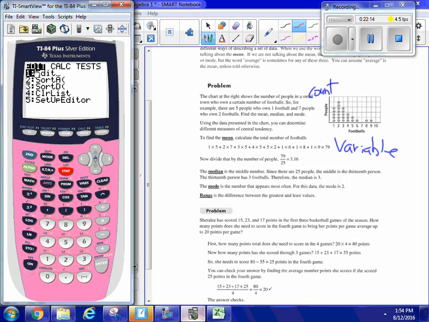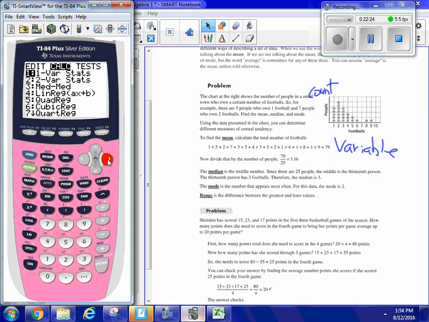And I'm given a bunch of different things that I can calculate, but right now I am just interested in 1 variable statistics. So I press 1 for 1 variable statistics, and it's asking what do you want to do? I want to analyze the statistics in L1, my list 1, and my list 2.